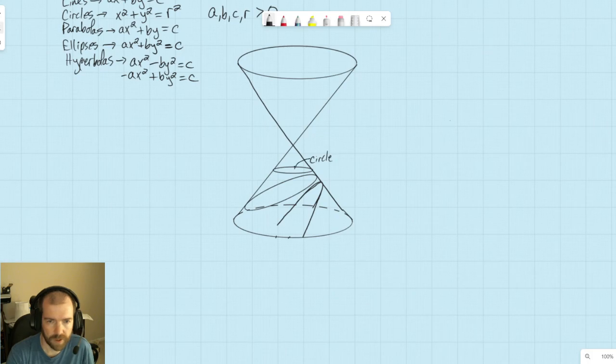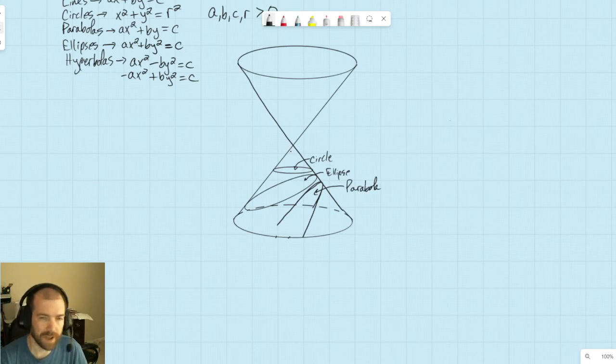So we get a circle here, ellipse here, parabola here. We also get a line if we just take it and notice that the side of the cone is itself a line.